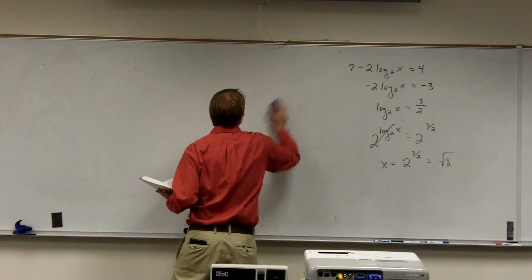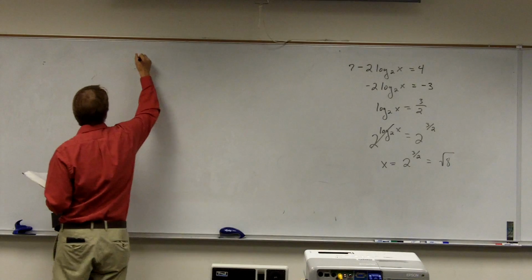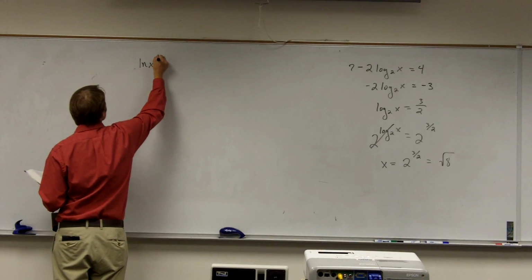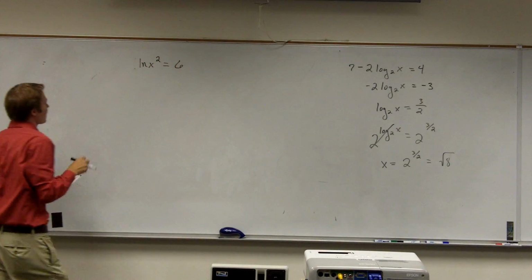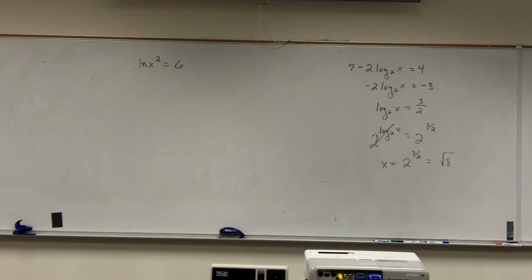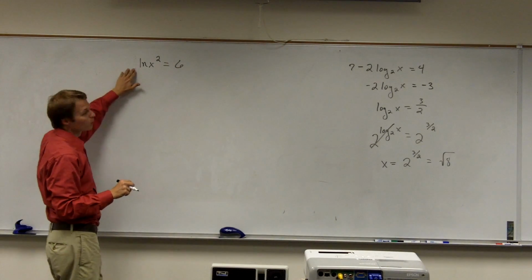What about this one? Natural log of x squared is equal to 6. I can actually just raise both sides.